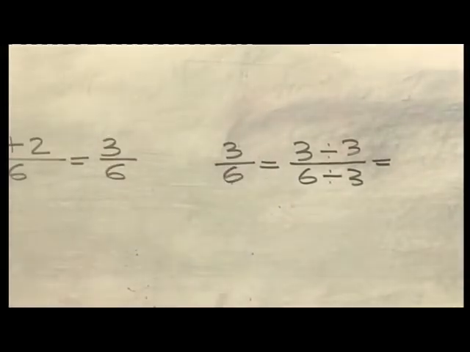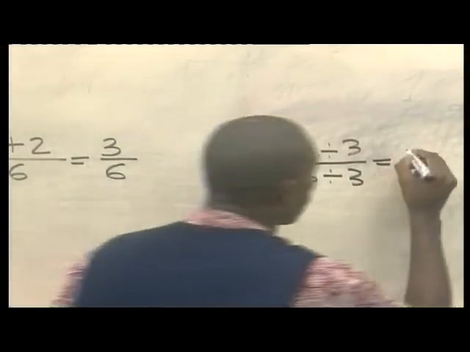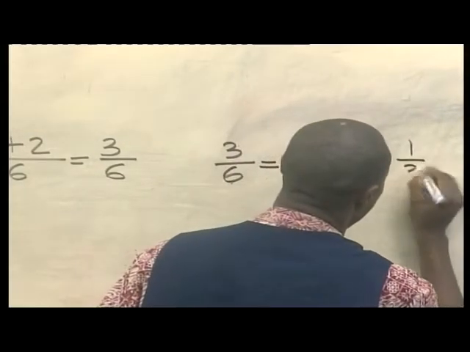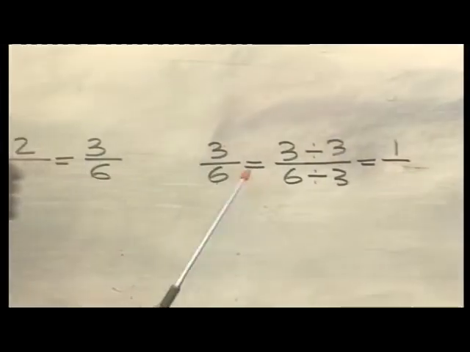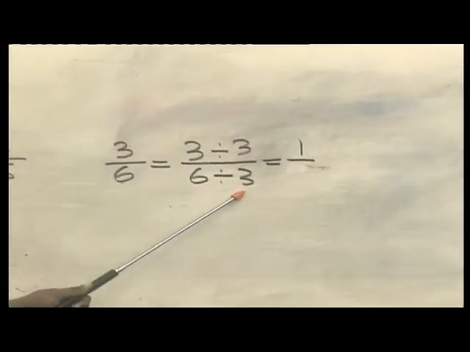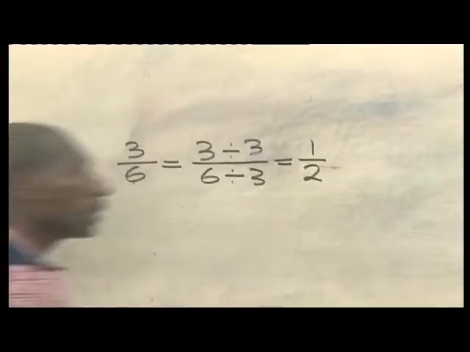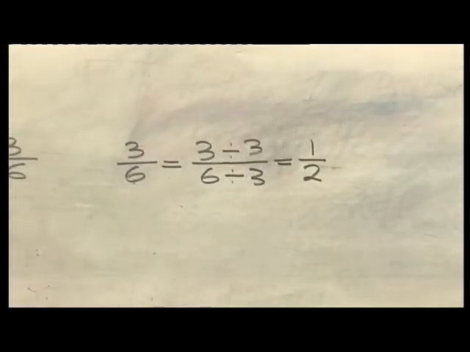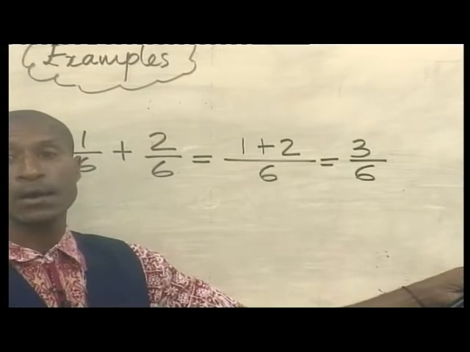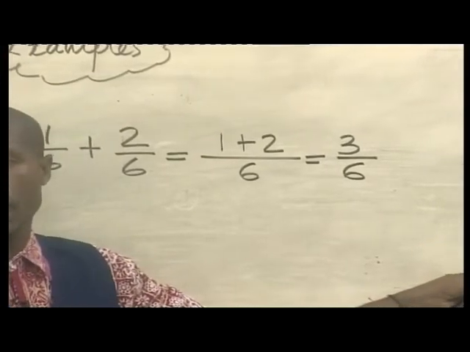So class, 3 divided by 3 is equal to 1. And 6 divided by 3 is equal to 2. So 3 over 6 in its simplest form is 1 over 2, or half.